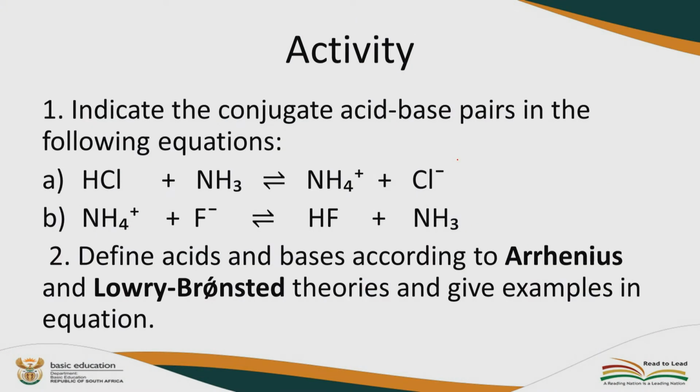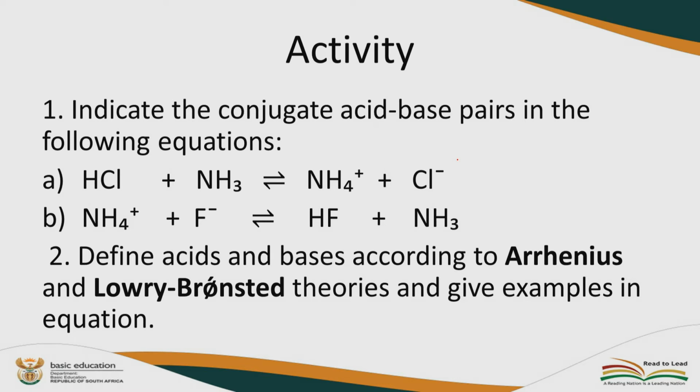Now, this is an activity that we can look at to see whether we have recapped what we have been talking about, especially in terms of the acid-base pairs, because these are the major concepts for accumulating easy marks in our topic, acids and bases. The activity says: indicate the conjugate acid-base pairs in the following equations.